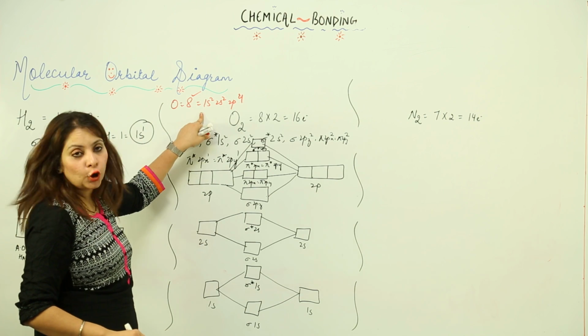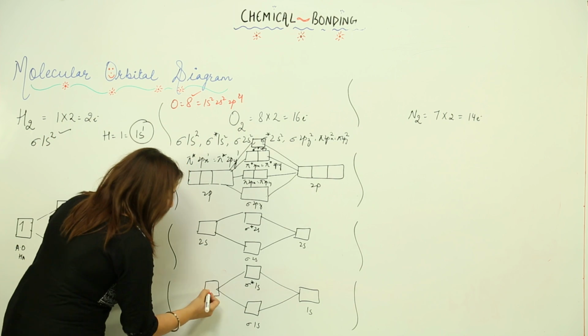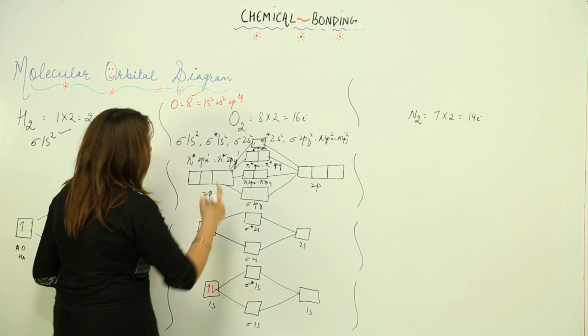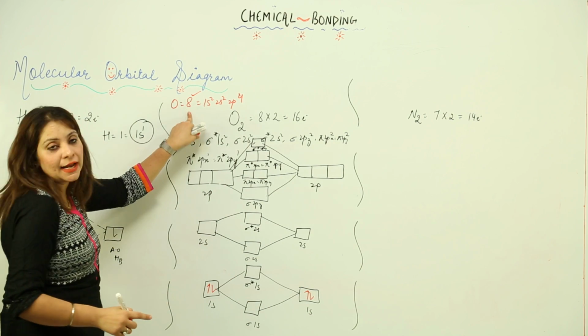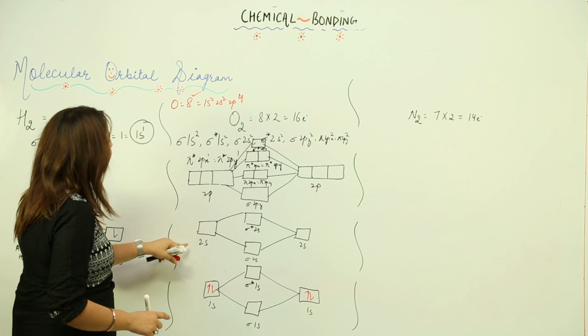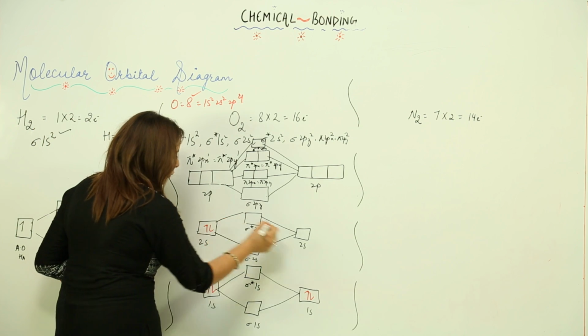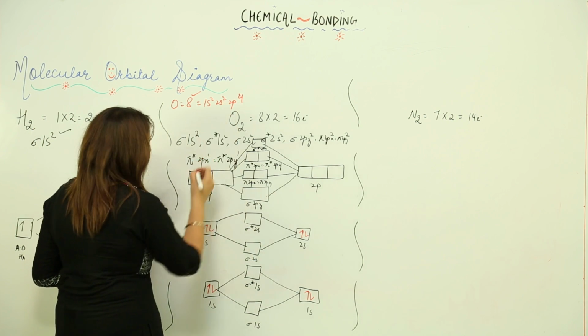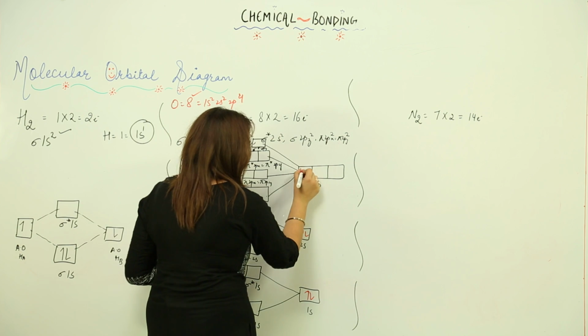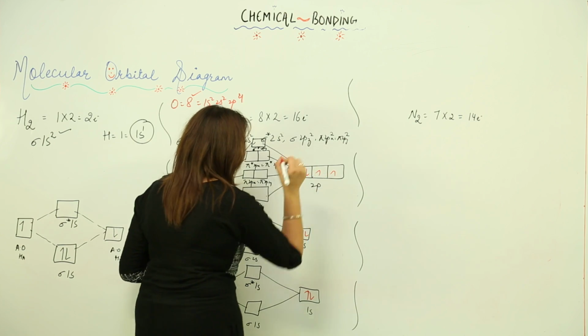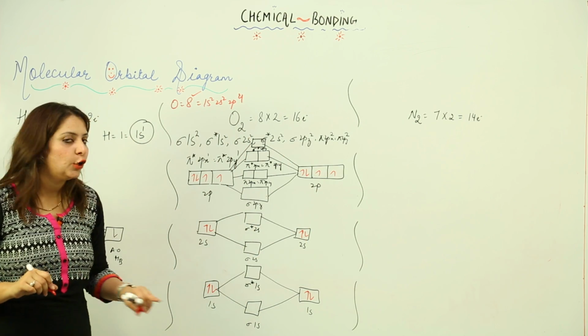So I need to fill the atomic orbitals first. So let me fill 1s2, and again for the other one 1s2, because both the atoms will have the same configuration. 2s again 2, again 2, 2p is 4: 1, 2, 3 and 4, 1, 2, 3 and 4. Right. So my atomic orbitals are already filled.